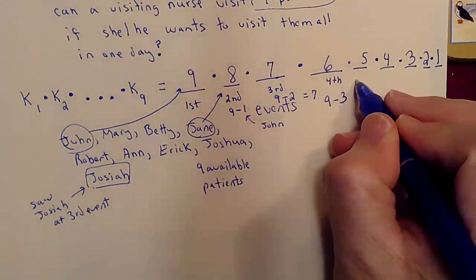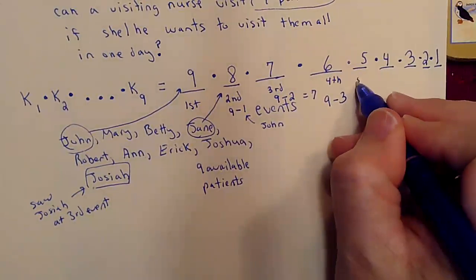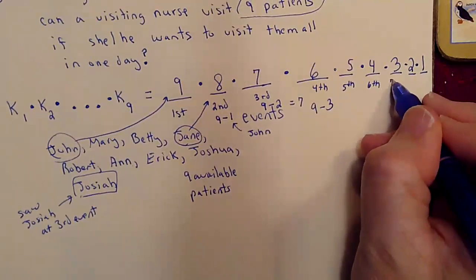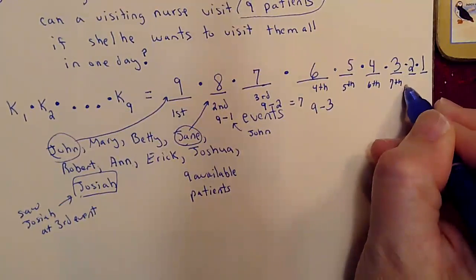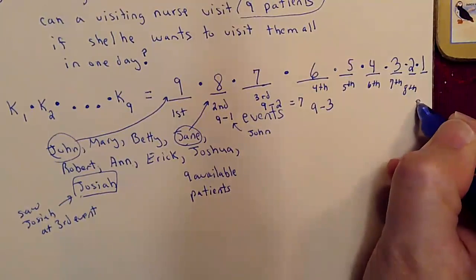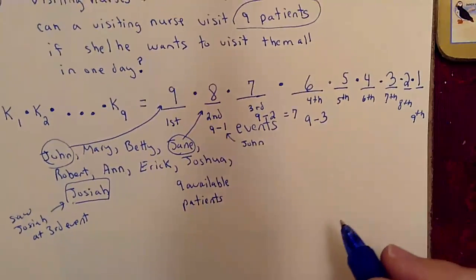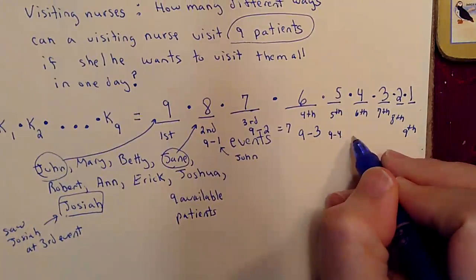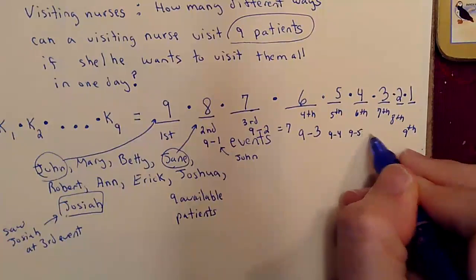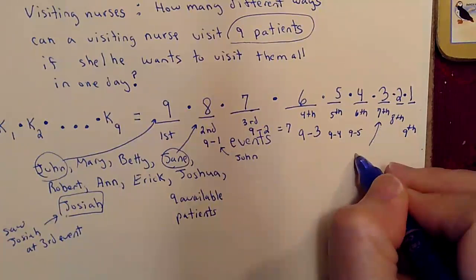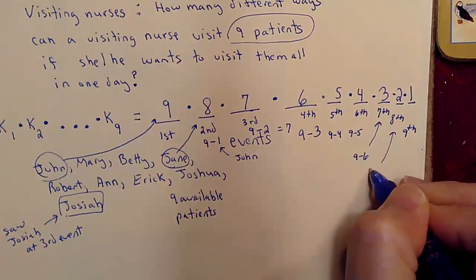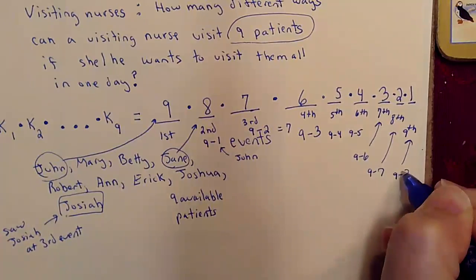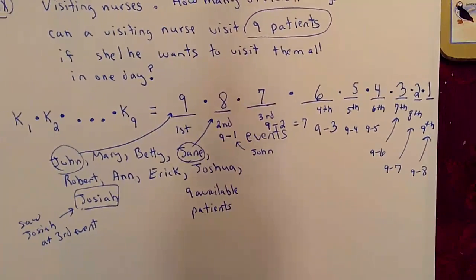Then fifth, sixth, seventh, eighth, and then ninth. So this is 9 minus 3, 9 minus 4, 9 minus 5, 9 minus 6, 9 minus 7, 9 minus 8 is 1. Yeah, so these are just decreasing.